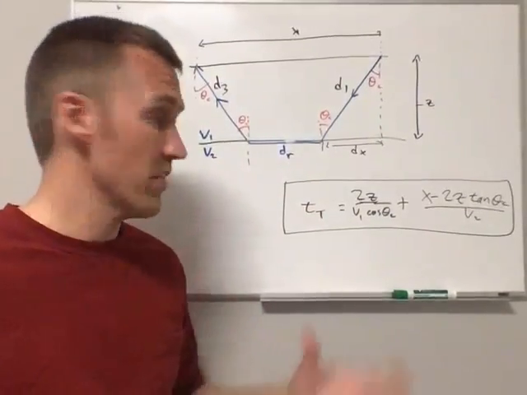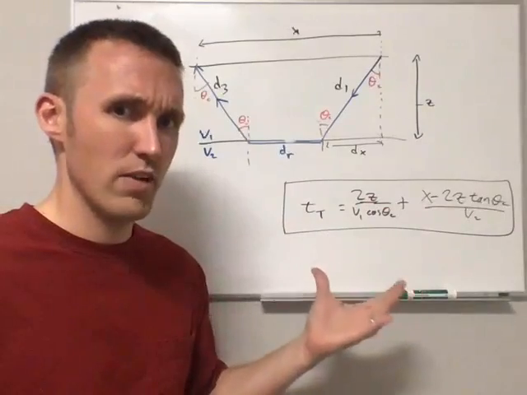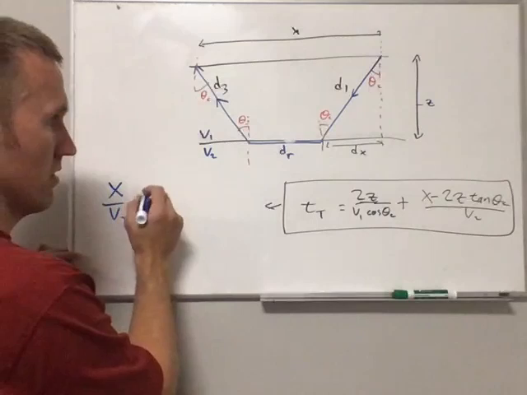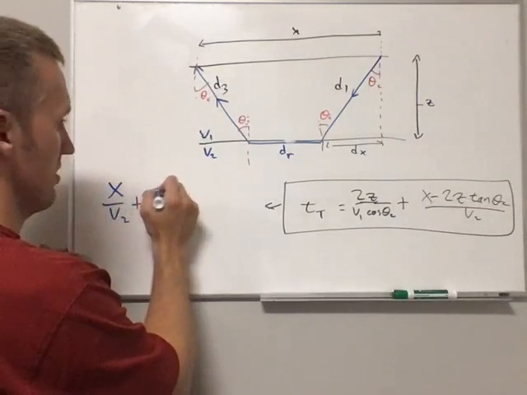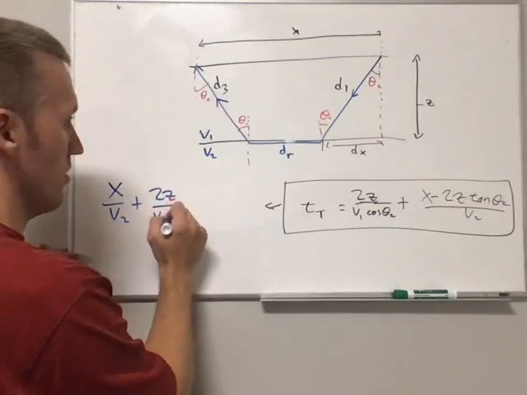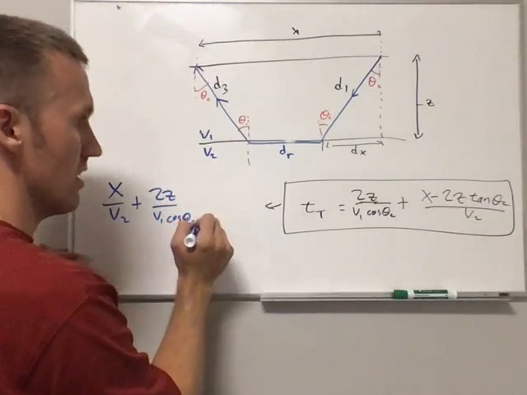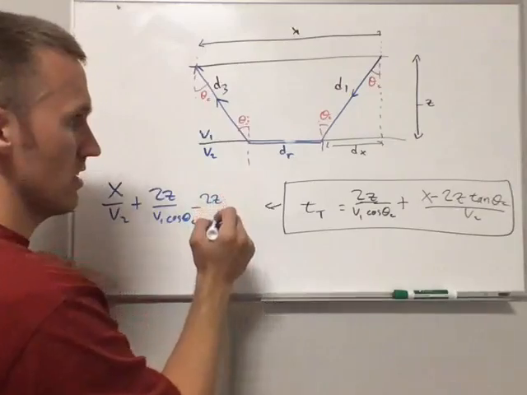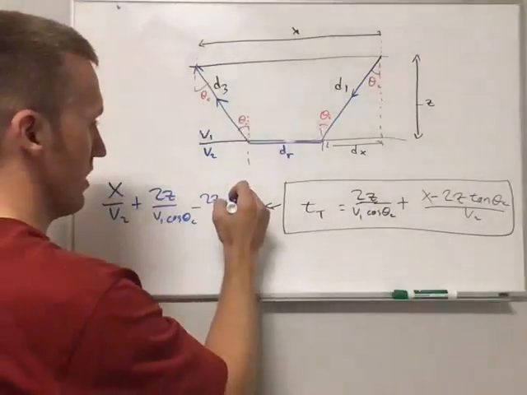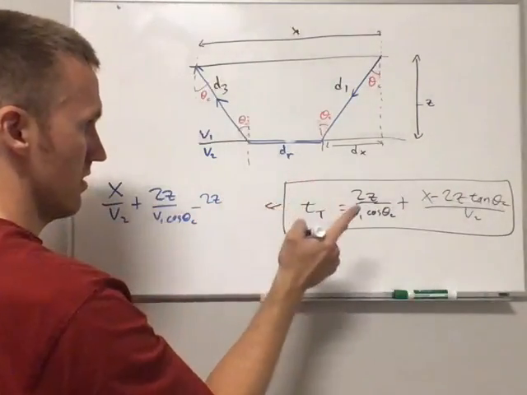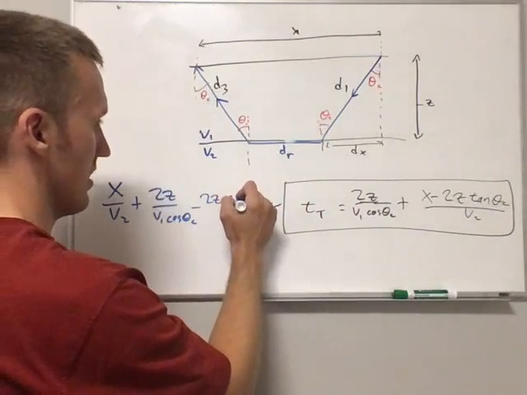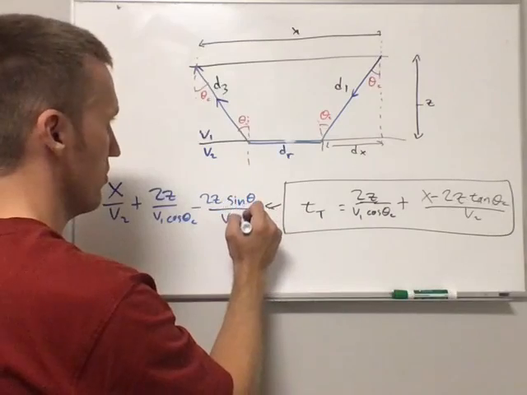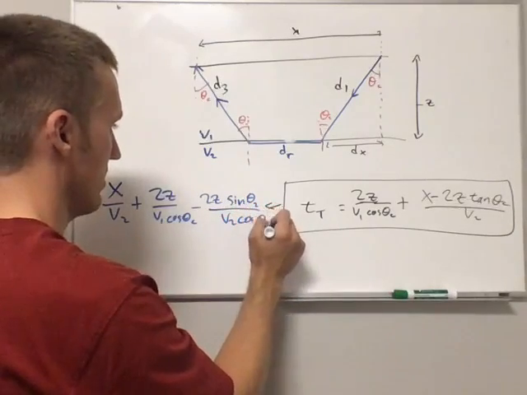Okay, so now we've got this equation. It's a little bit messy. Let's see if we can simplify it at all. So we've got x over v2, plus 2z over v1 cosine theta c, and then minus 2z sine theta c over v2 cosine theta c.